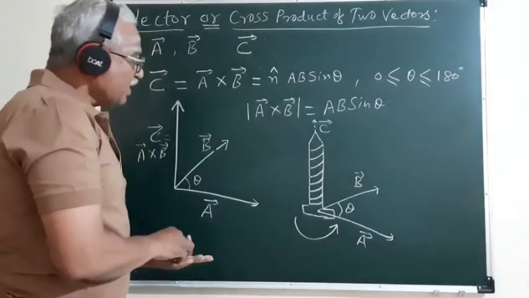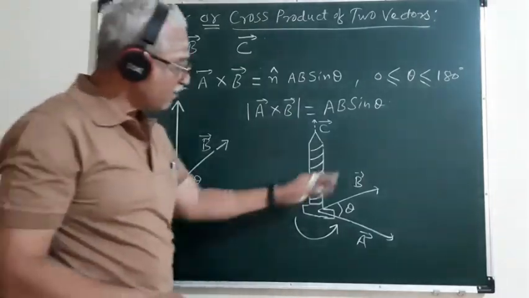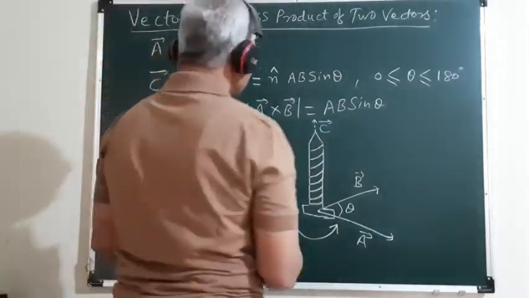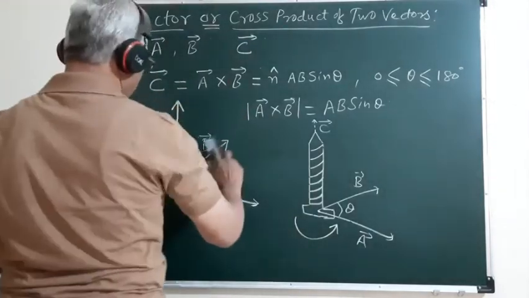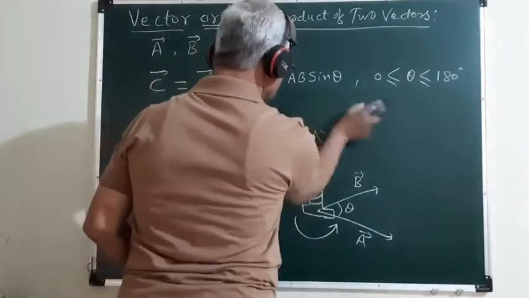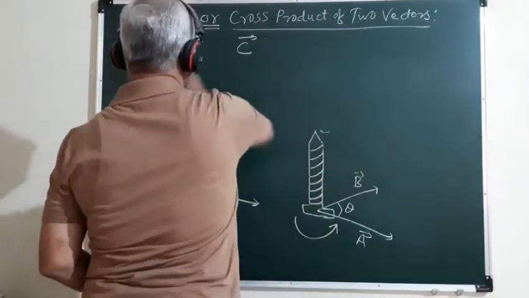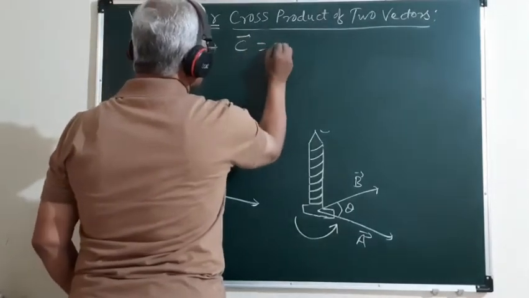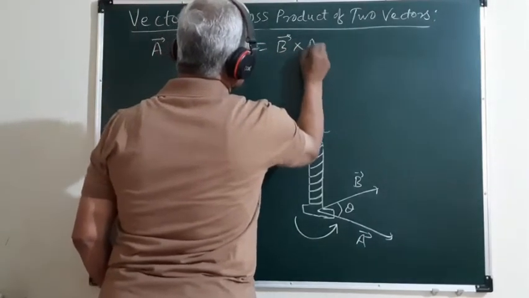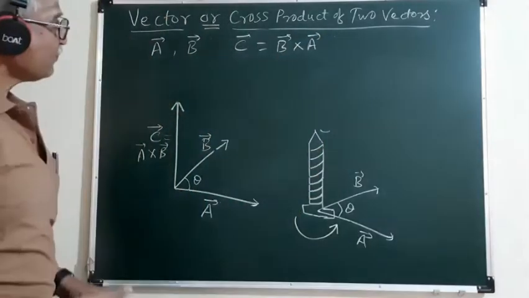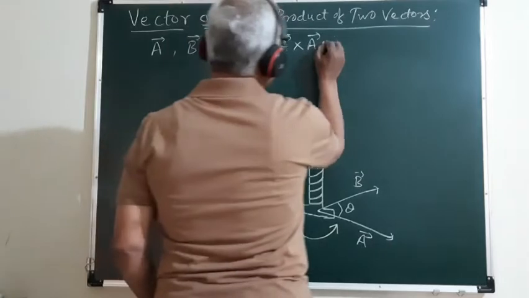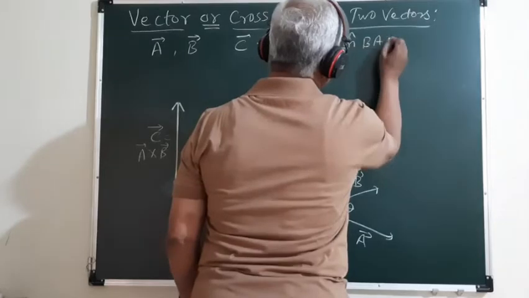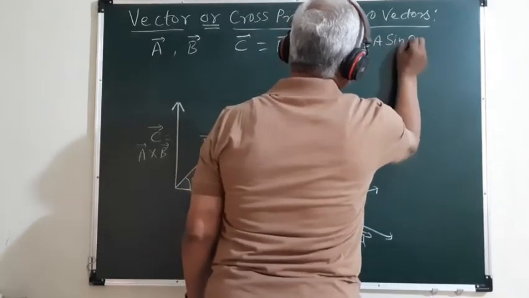However, if we try to evaluate the cross product B bar cross A bar, will it be the same? No. Because, let us see. If we evaluate the cross product B bar cross A bar, what you will observe is that this cross product can be expressed in magnitude and direction as n cap BA sine theta.